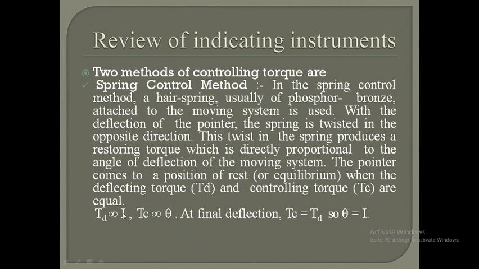So, deflecting torque is directly proportional to I and controlling torque is directly proportional to theta. At final deflection when TC equals TD, theta is directly proportional to I. Theta is the deflection of the pointer and I is the current which you want to measure in the circuit.